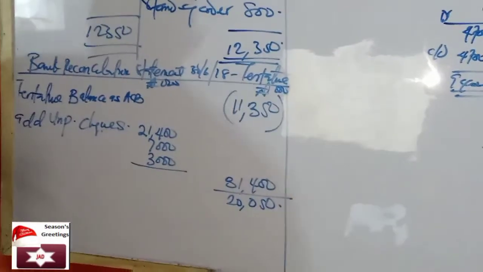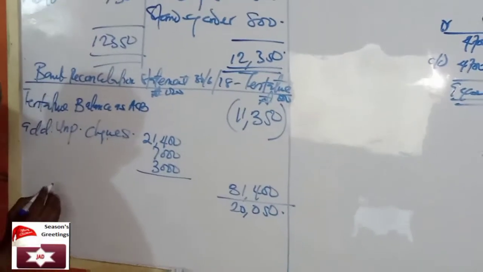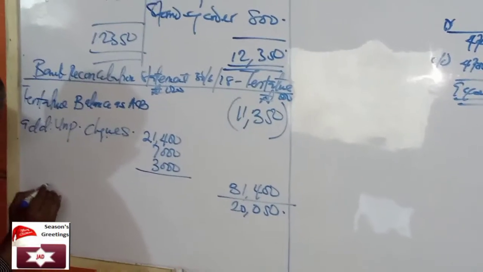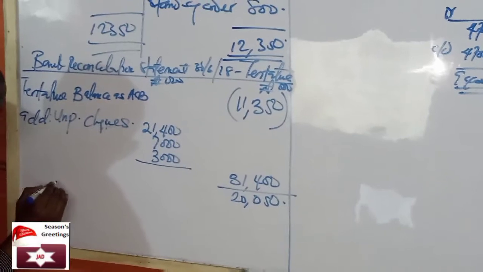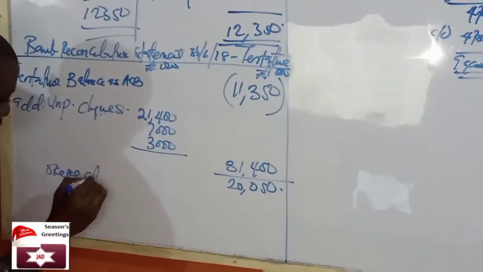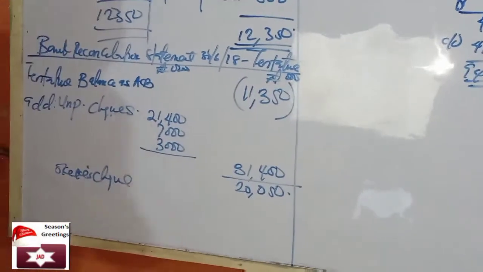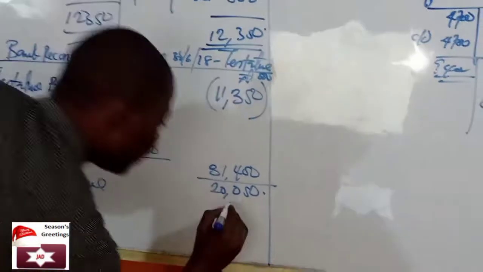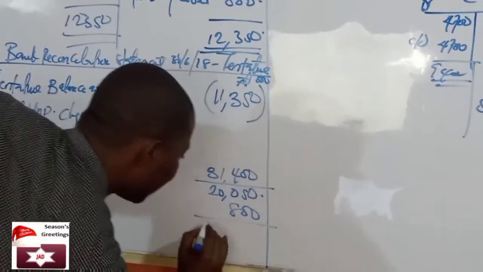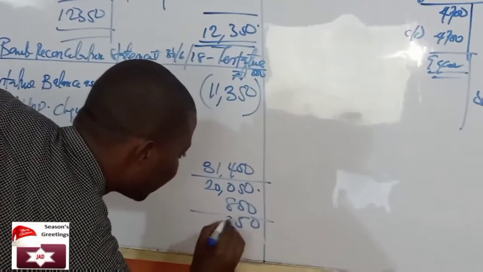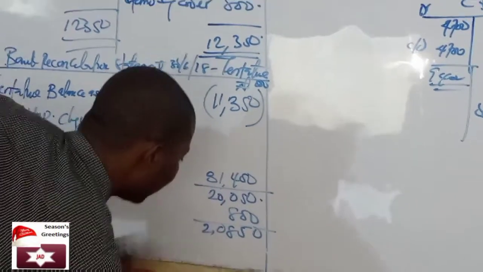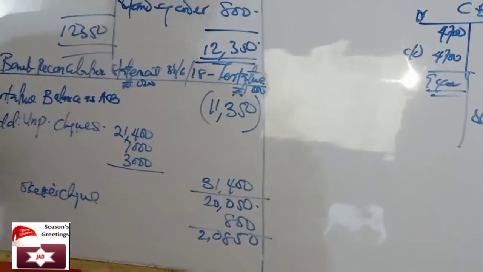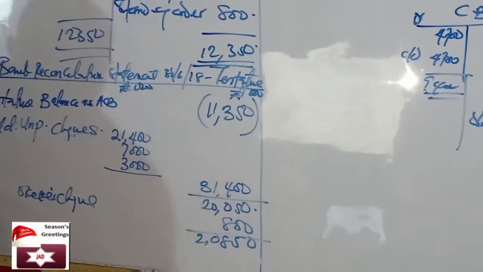So we're going to add OKK's check of how much? 800,000. So if we add, we have 20,850. Okay. So what's the next thing we do there? Let us do that here.